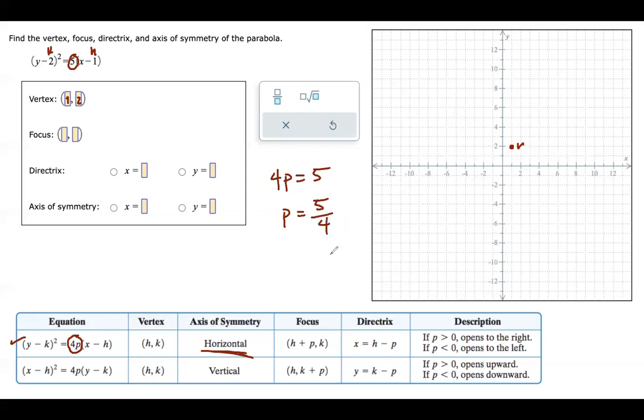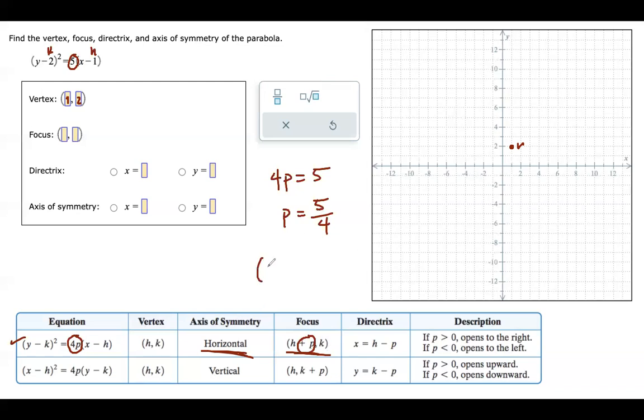In order to find the focus, you would have to move 5 over 4 units horizontally, because it is a horizontal parabola going this way. But 5 over 4 becomes a bit more challenging than using directly the formula right here. So it's basically the coordinate of the vertex, and we just shift the point p units to the right, and let's find out where this is going to end up.